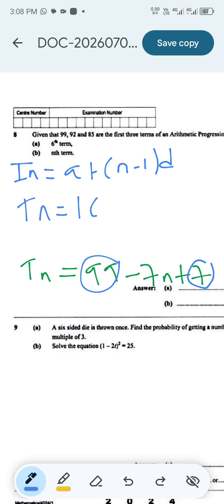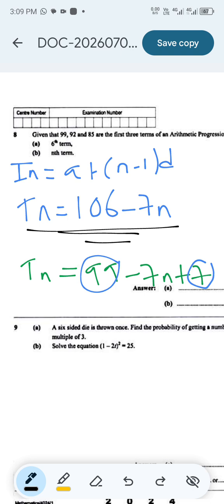And what are we remaining with? Minus 7n. So this is the nth term, 106 minus 7n. Whenever you are told to find the nth term, you just need to substitute the first term and the common difference, then express it, and it should end with an n in the equation. So that was about question 8.